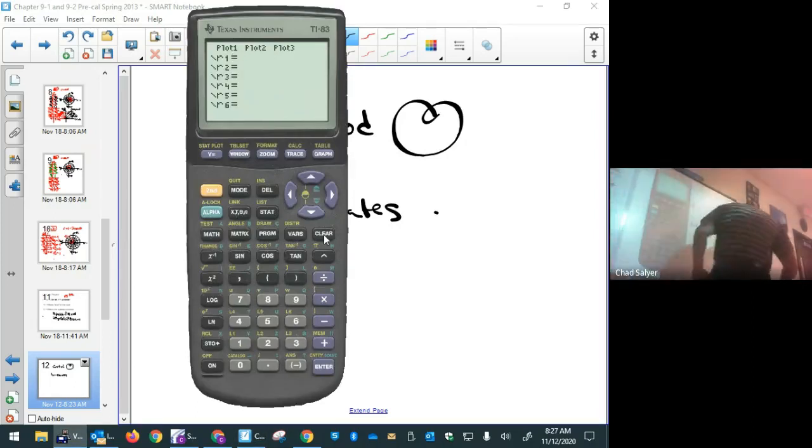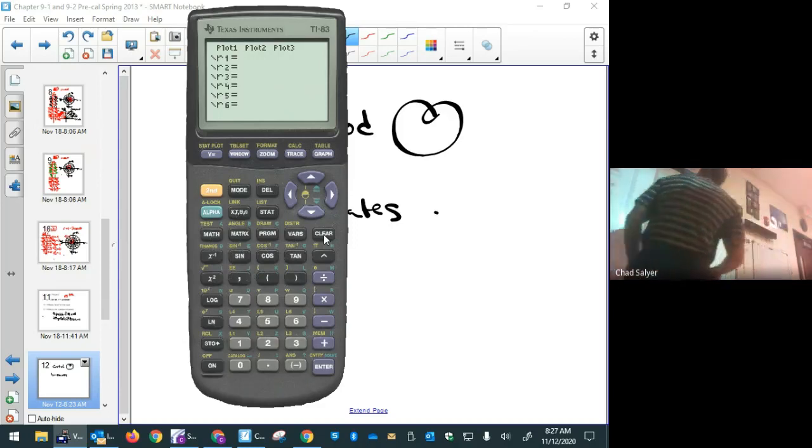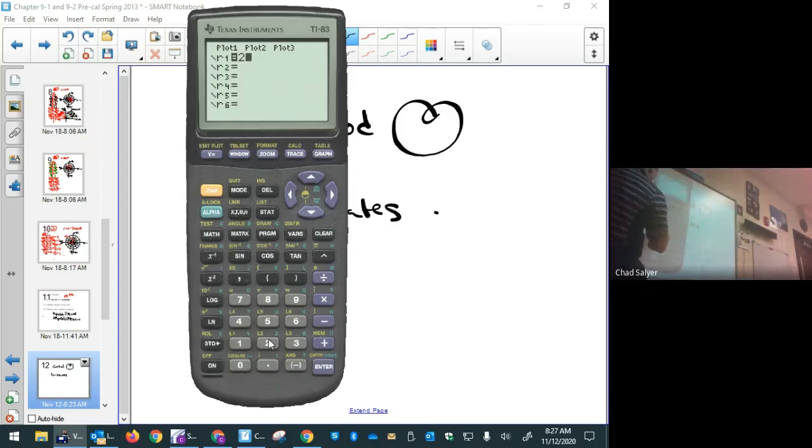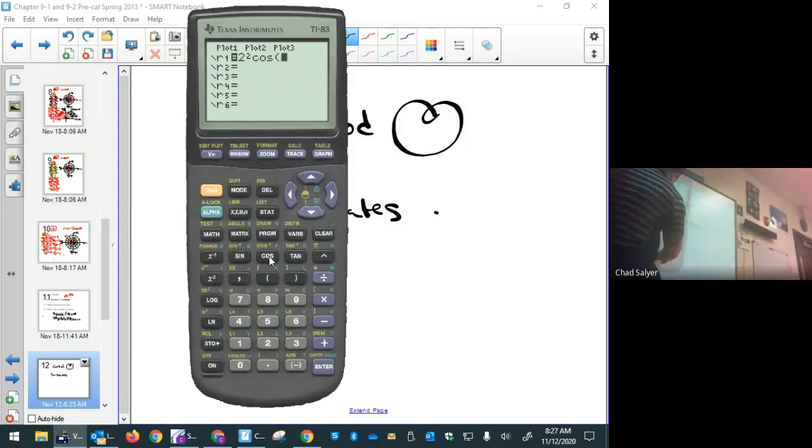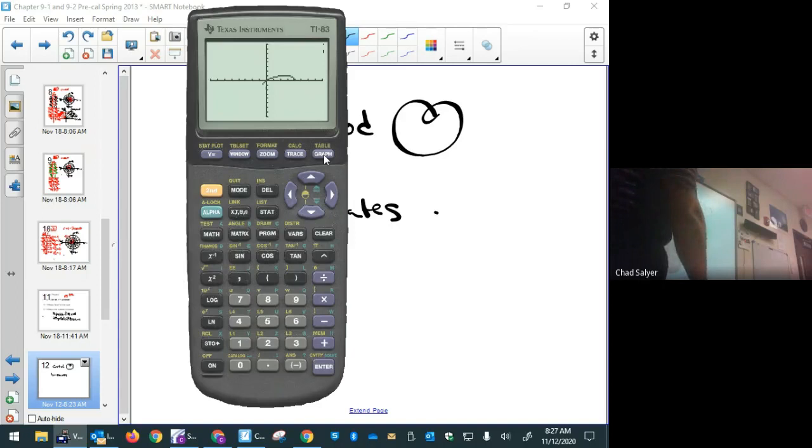These are a squared cosine or sine of 2 theta. So let's do 2 squared cosine of 2 theta. Hopefully this shape will look like it does on the page.